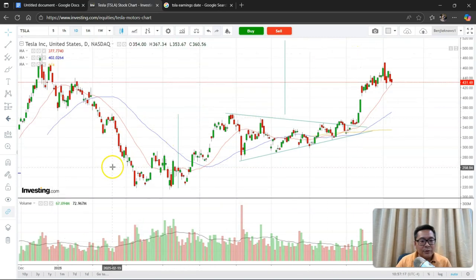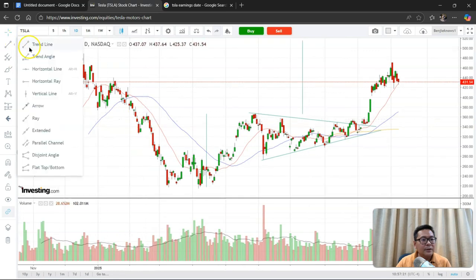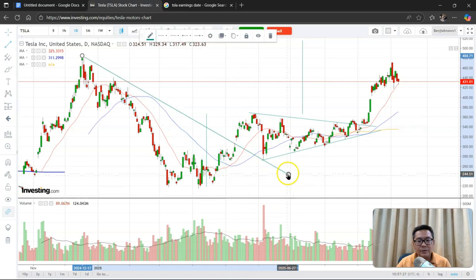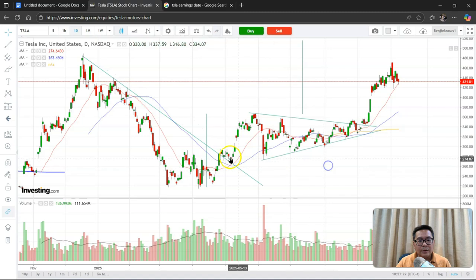Or maybe you can trade the triple bottom here as the stock breaks a downtrend line. Oops, sorry. Alright, trade the triple bottom, which is a way to buy.